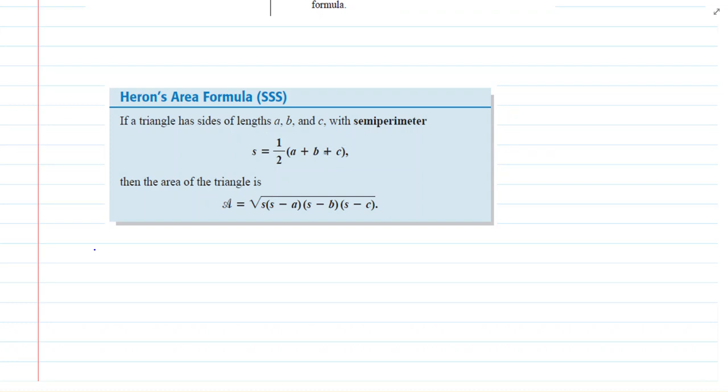So the three sides that you're given, you add those together and then you take half of that. That gives you the semi-perimeter. That's your S. Then the area is the square root of S times S minus A times S minus B times S minus C. So if you just have the formula handy, you can do some plugging in. So now let's go look at problems.